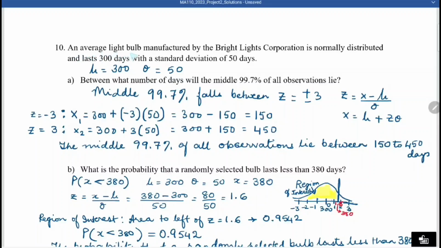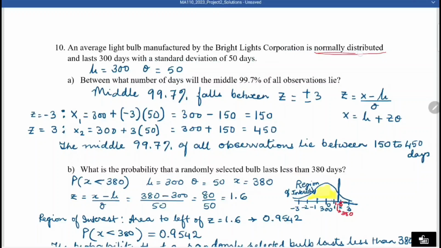It says here, an average light bulb manufactured by the Bright Lights Corporation is normally distributed and lasts 300 days with a standard deviation of 50 days. So based on this question, the mu, or the mean, is 300, right? It says it is normally distributed.